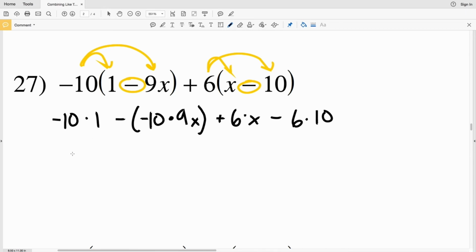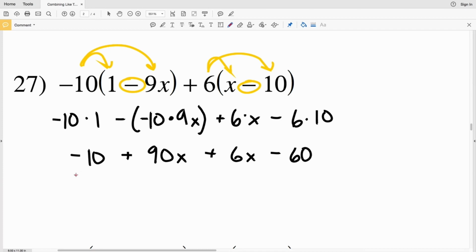Negative 10 times 1 is negative 10 minus negative 10 times 9x is a negative 90x. But remember, if we're subtracting a negative, we're adding a positive. Plus a positive 90x. Plus 6 times x is 6x minus 6 times 10 is going to be 60.